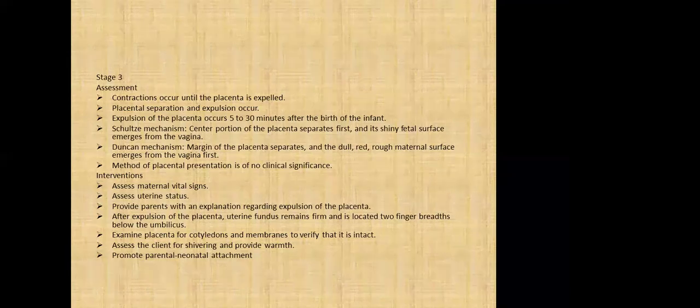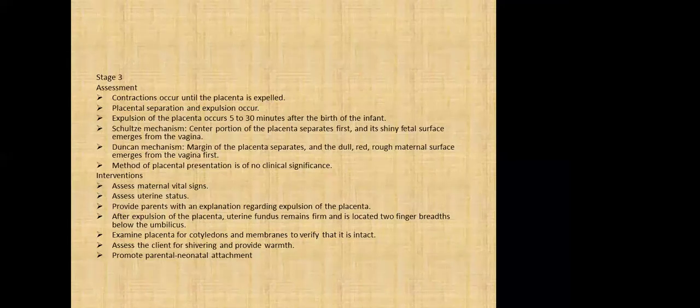When we go into stage 4, the first 4 hours after the placenta has delivered, the purpose of contraction is also to prevent postpartum hemorrhage. So if the uterus is not contracting adequately in stage 4, the woman is likely going to experience PPH.